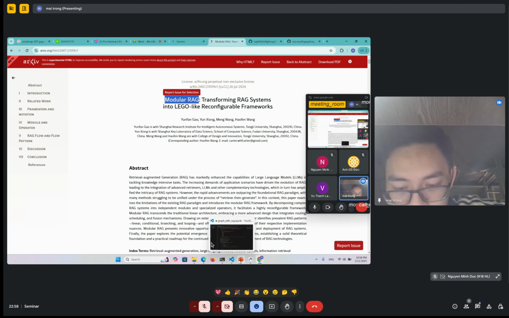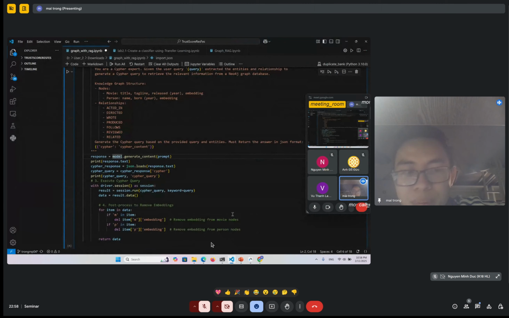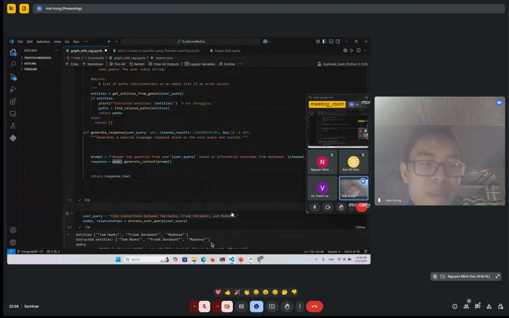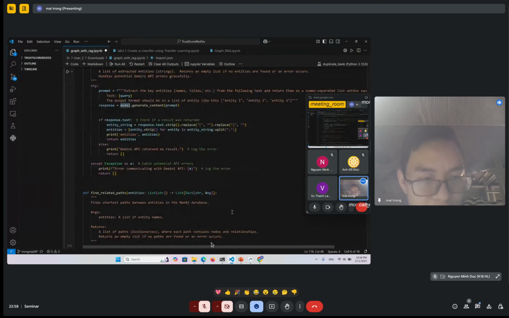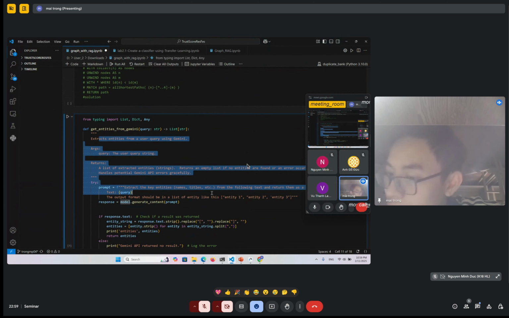I still remember something about the code. In this code, you see that I use the LLM in two processes. The first process is to extract the entities and important keyword information from the user query.